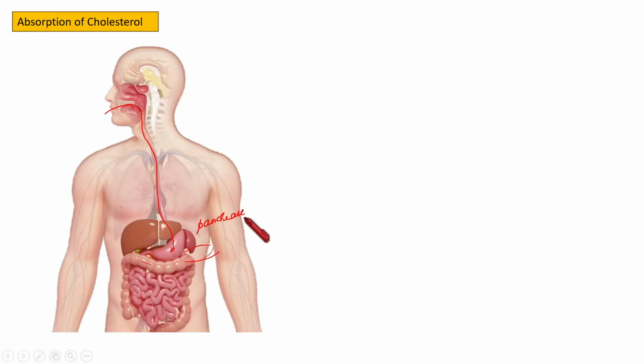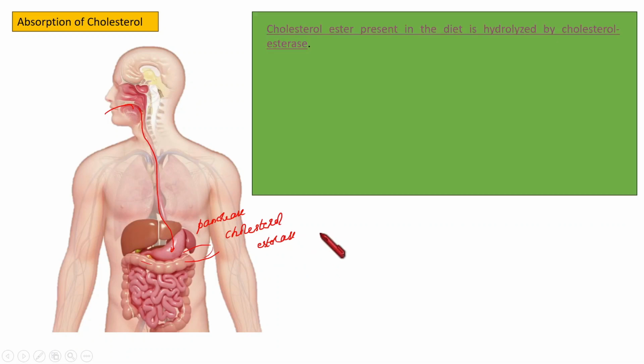And from the pancreas comes an important enzyme, cholesterol esterase. It breaks the cholesterol ester. Cholesterol plus fatty acid comes in that form to the stomach. Cholesterol plus fatty acid gives a cholesterol ester. So that cholesterol ester needs to be broken down. It is broken down by the enzyme cholesterol esterase.